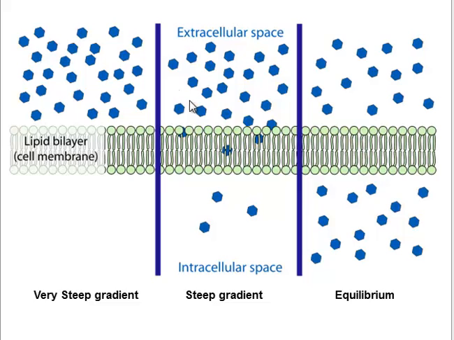In this picture, there are more solute molecules on this side, so this side is more concentrated than this side. So again, we have a concentration gradient, and it's pretty steep. In this situation, though, the amount of solute molecules on this side is the same as the amount of solute molecules on this side. So there is no concentration gradient. Instead, we would say that this is at equilibrium.